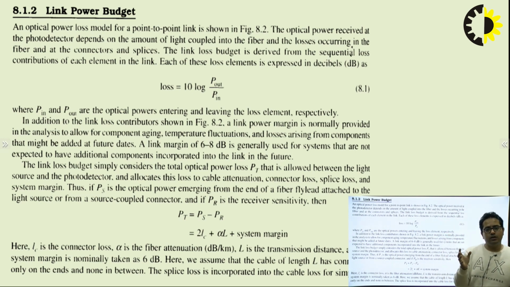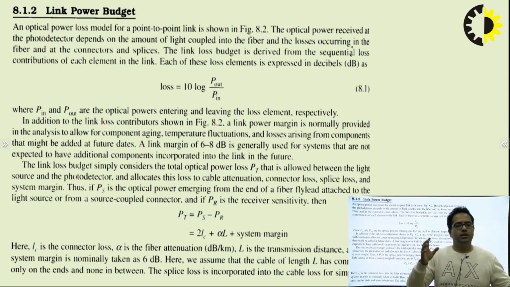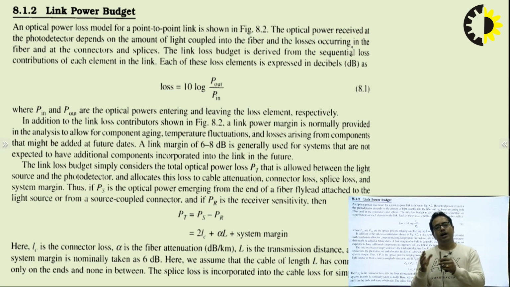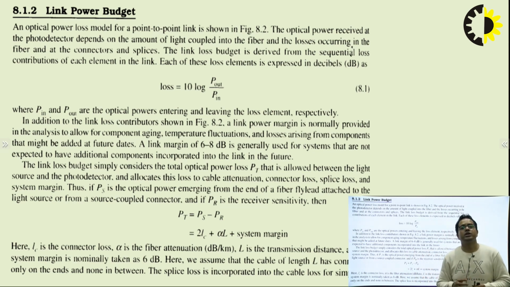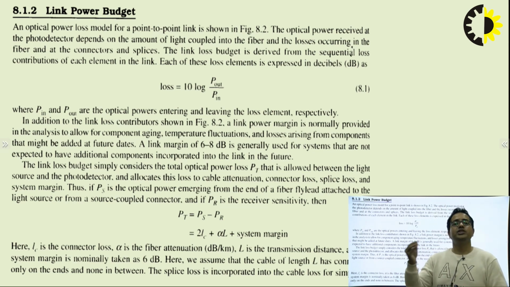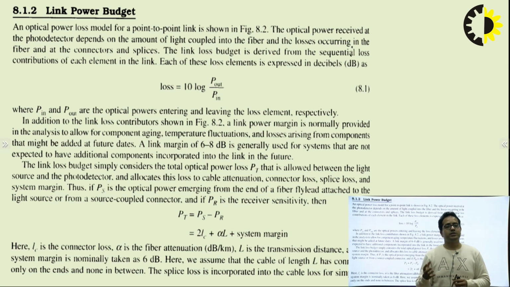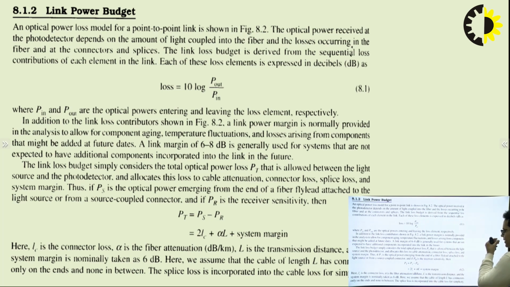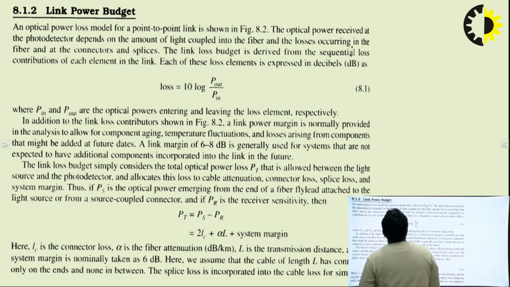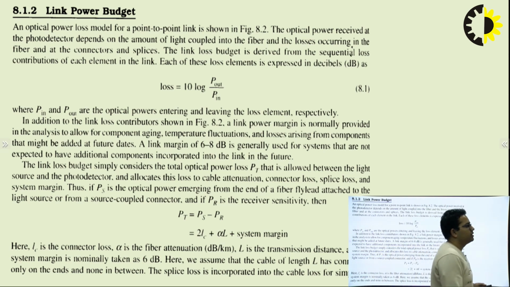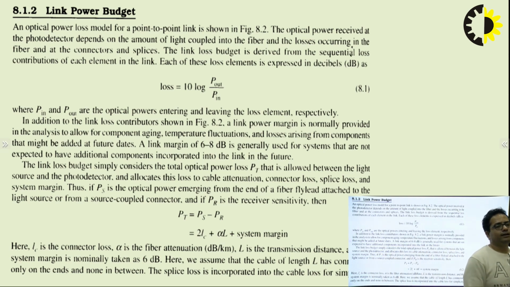So the idea of power budgeting is to find the distance after which we have to use repeaters or regenerators to regenerate our original signal back. This is the basic phenomenon that is responsible for calculating the safer distance of the fiber.